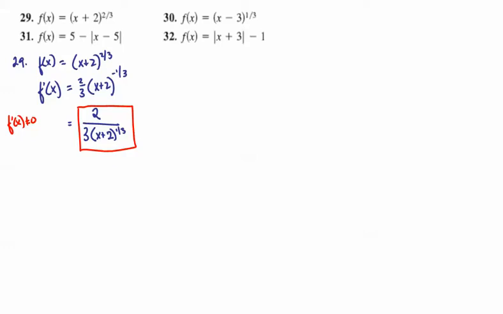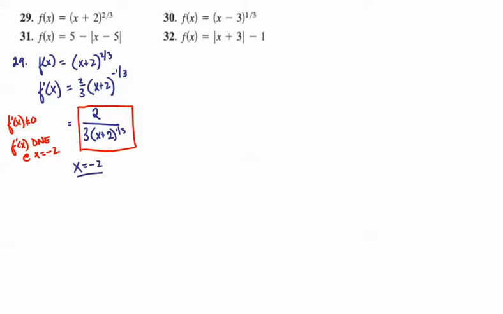There is one value: f prime of x does not exist at x equals -2, and so -2 is our only critical value.